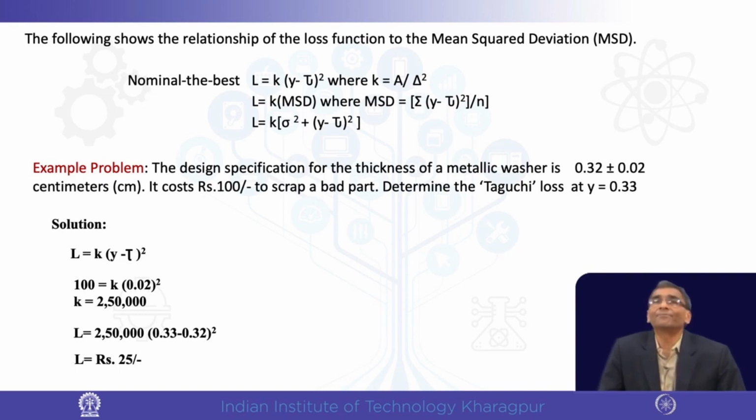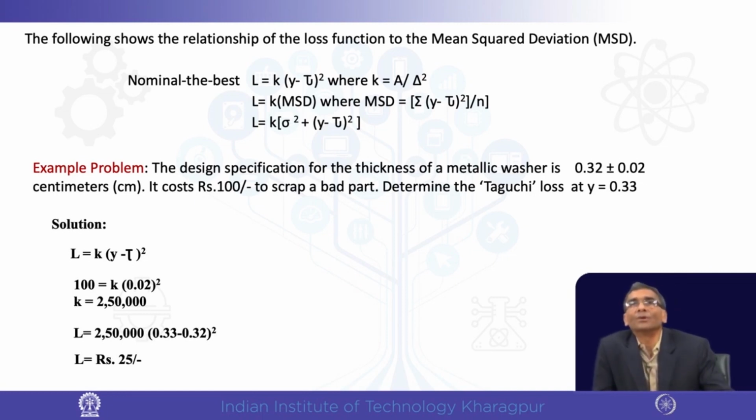Now if the scrap cost is 100 rupees, what would be the cost when y is equal to 0.33? You will find the formula given here, that deviation means a cost. So this is how we go ahead with this.